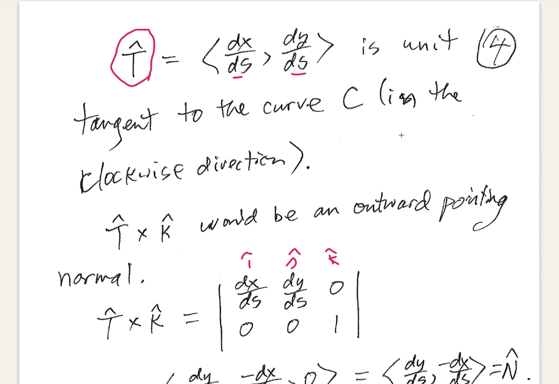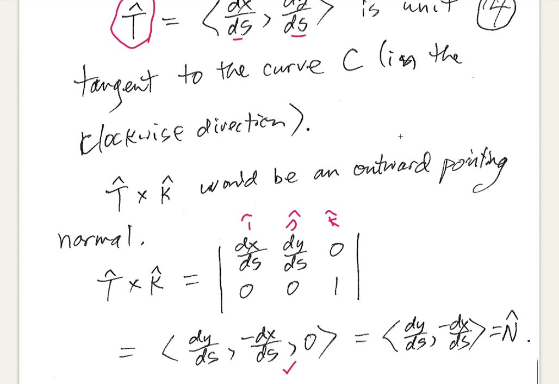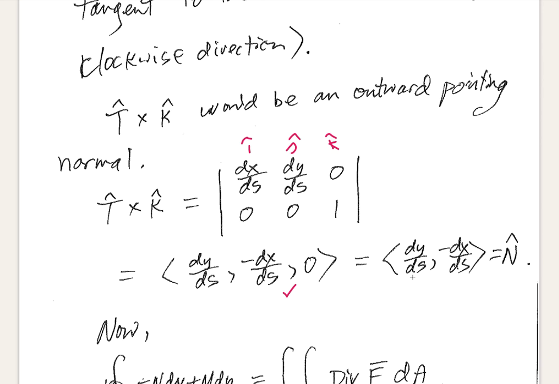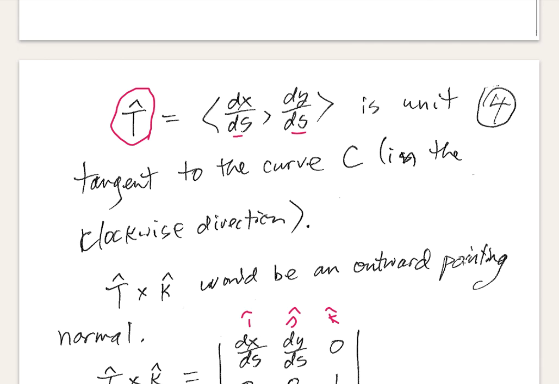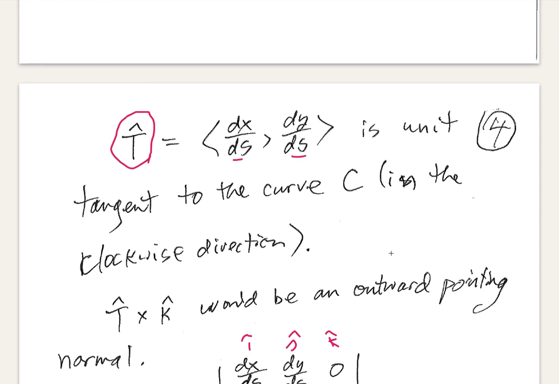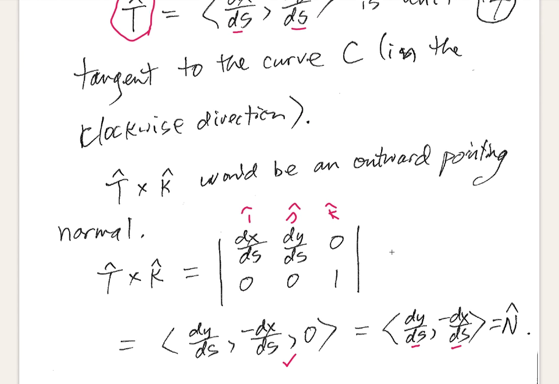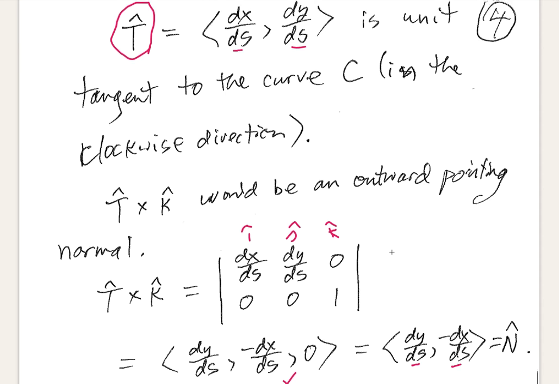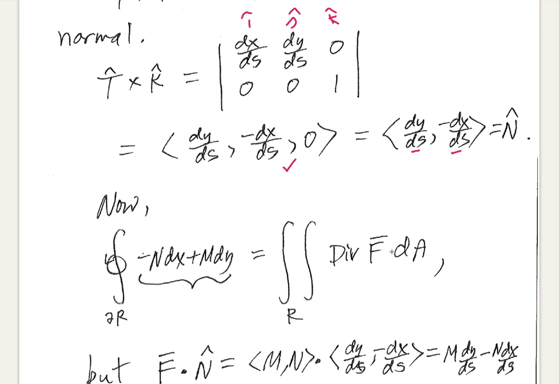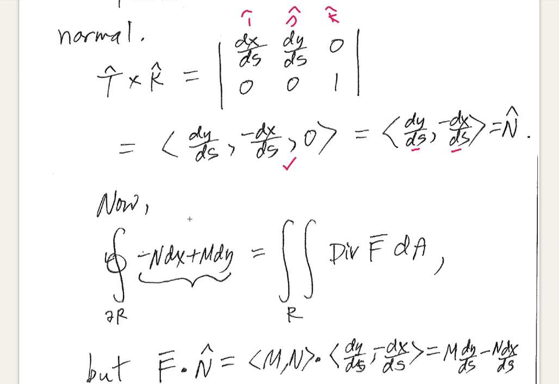So this goes back to the second chapter that we looked at in the book. But this is going to be outward pointing, and it's normal. The dot product of these two vectors, n hat and t hat, will be, in fact, 0.